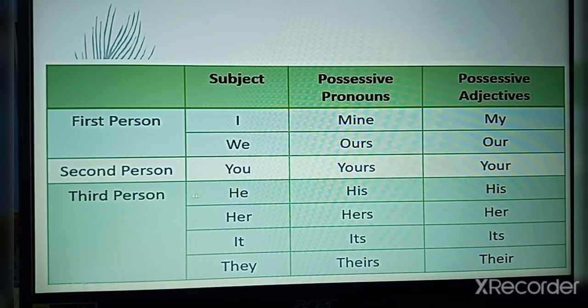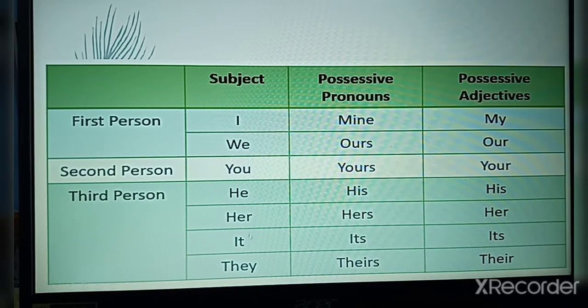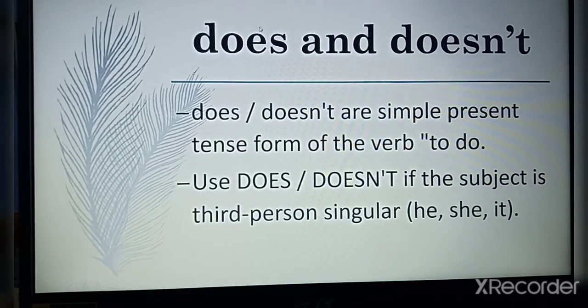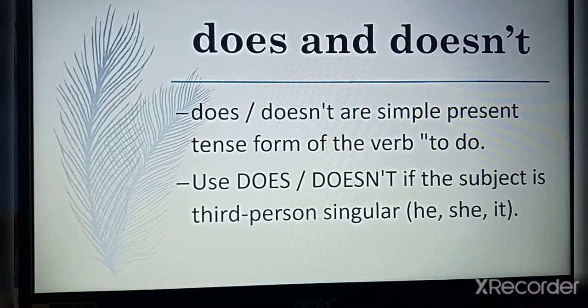So if the third person singular is being used in a statement, you are going to use does or doesn't, but it depends again on whether the statement is negative or positive.